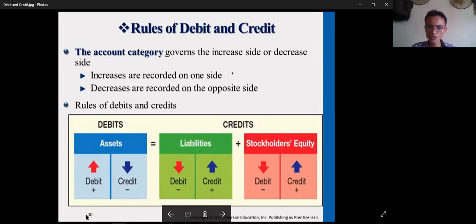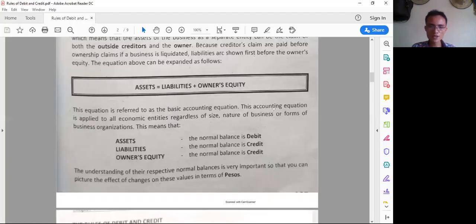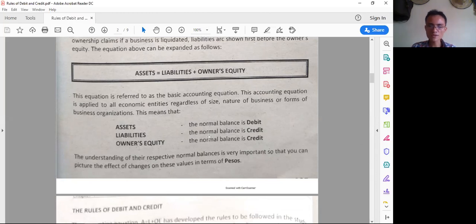Okay, so going back to the PDF file. You have here the normal balances. If you say normal balances, take note that these are the sides in which particular accounts would increase. Take note that there are only two sides, which is very good in accounting.